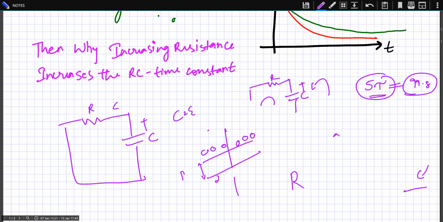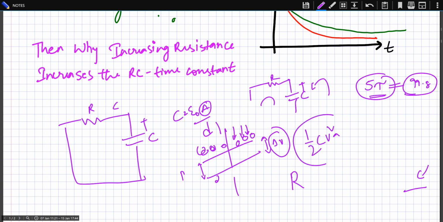So Q equals epsilon naught A by D, D is fixed, the area is fixed. So the charge defines the voltage between it. Higher the amount of charge deposited, the higher will be the potential difference across these two plates. So higher the charge, higher will be the potential difference, higher will be the energy stored by the capacitor.